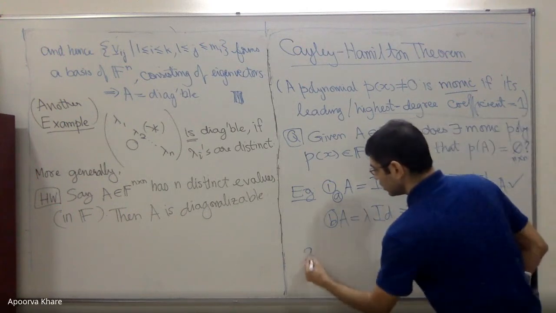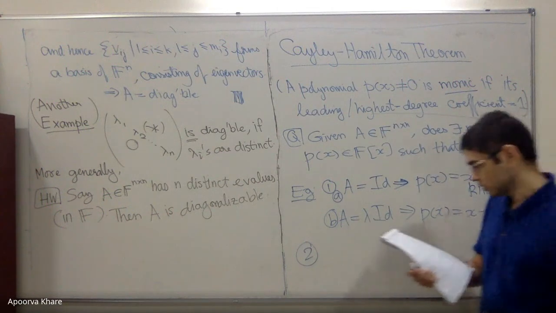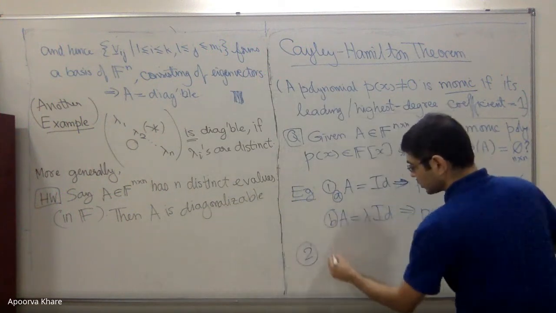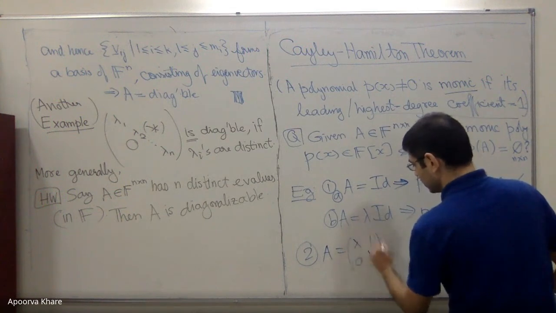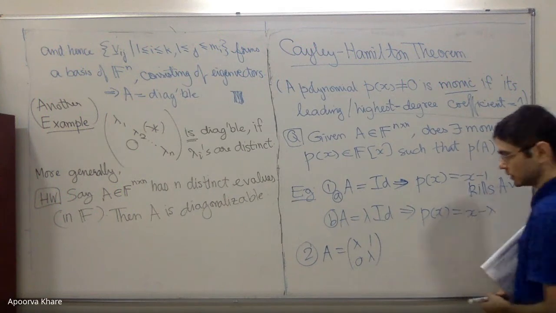Okay, now let's do a slightly different one. These are of course diagonal and diagonalizable matrices. Maybe I will do one which is not diagonalizable. A equals lambda, lambda, 1, 0. Now if you take x minus lambda, then you don't get the 0 matrix.